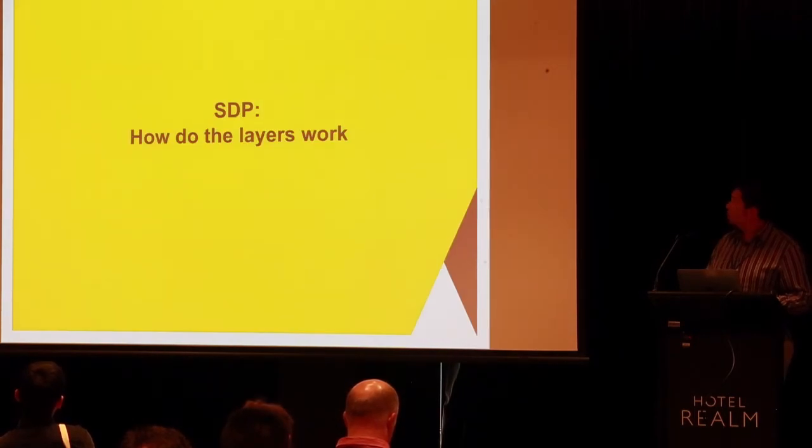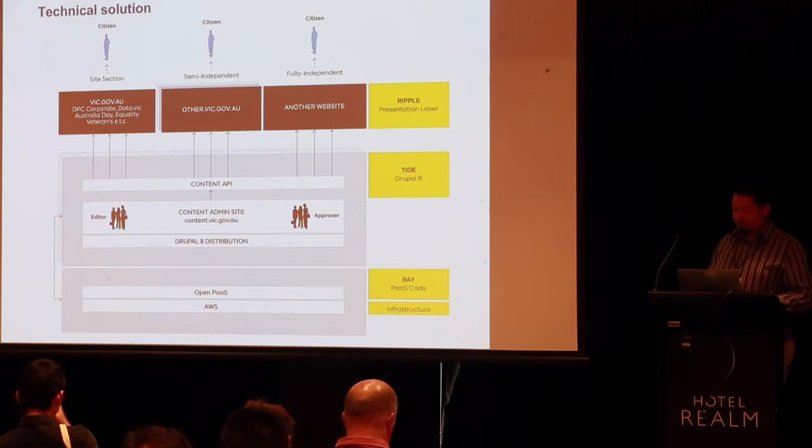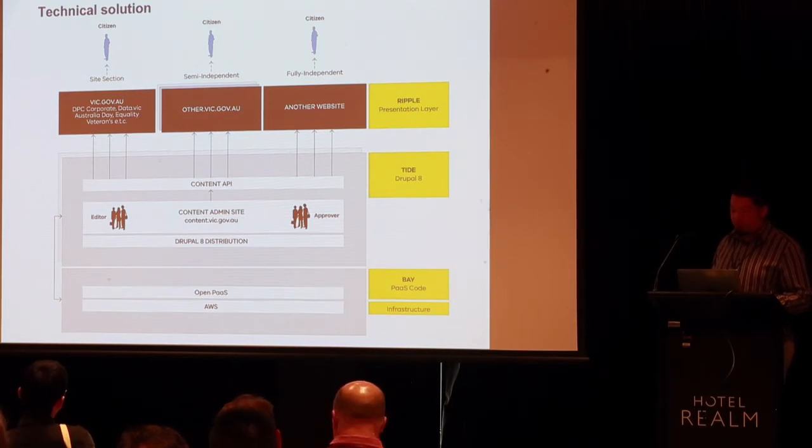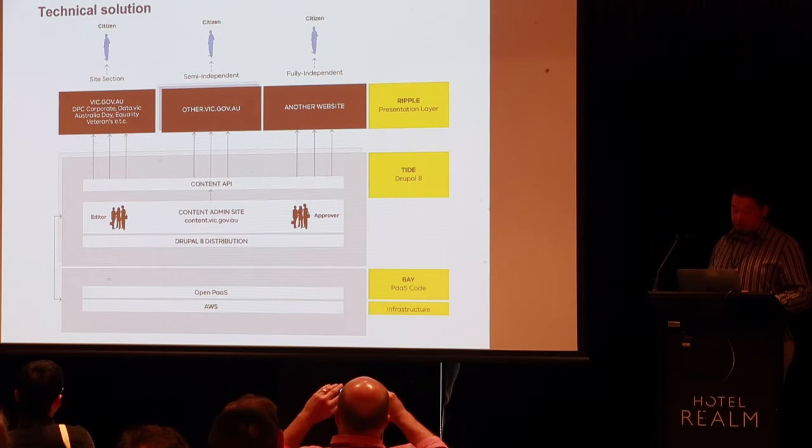Okay, so how do the different layers work? Bay is what we've called our hosting platform, and this is basically using the open source Lagoon platform on AWS that we manage with support of Salsa and Amazing.